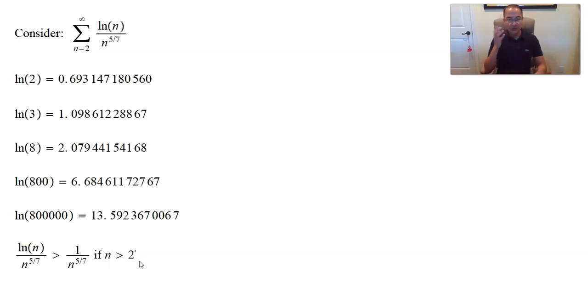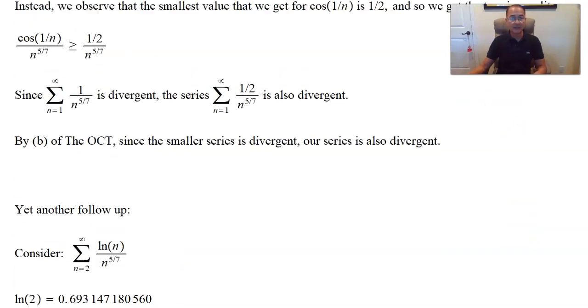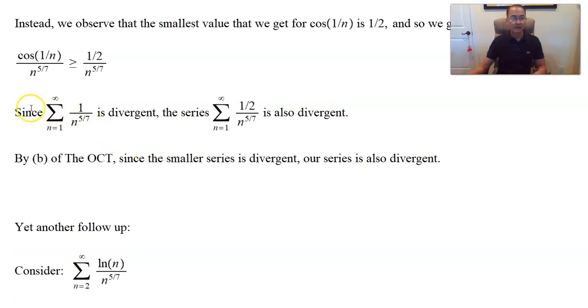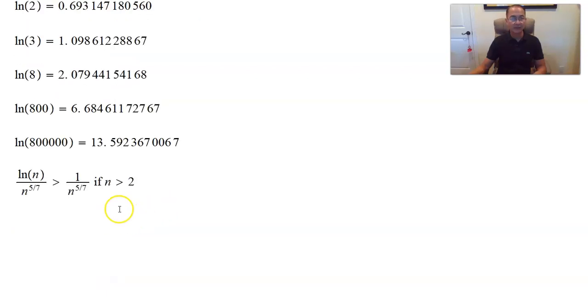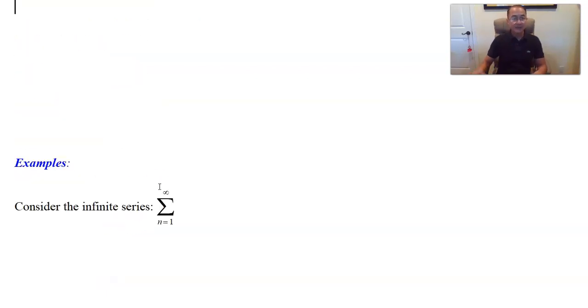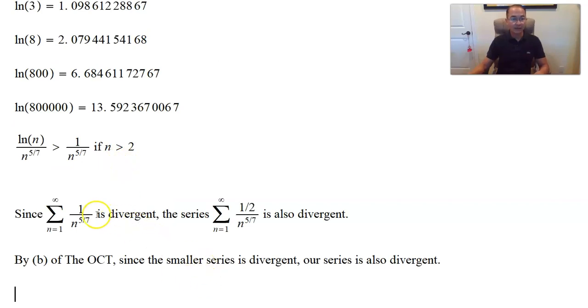All right, so are we again in part B of the ordinary comparison test? Yeah, we have a smaller sequence, and the infinite series made of that sequence, we know that is divergent. So we have exactly the same conclusion that we get from our previous example. So I can just cut and paste this, and I'll edit it accordingly.